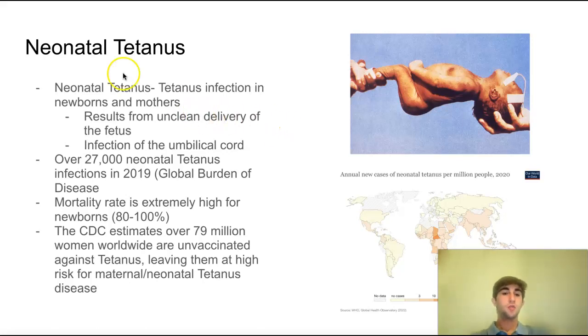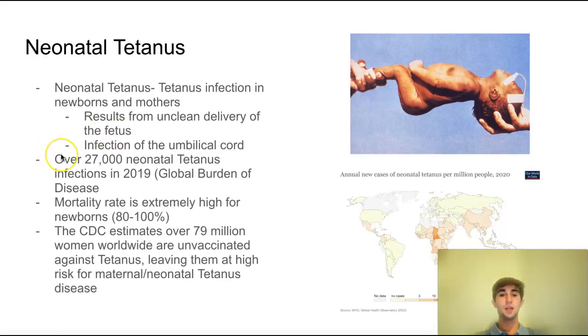Another issue that we have to deal with tetanus specifically is neonatal tetanus, and that's when the baby and the mother after birth are infected with tetanus, resulting from unclean delivery of the fetus, the infection of the umbilical cord particularly, and that can be from unclean tools being used to cut that umbilical cord, and just unhygienic practices in general.